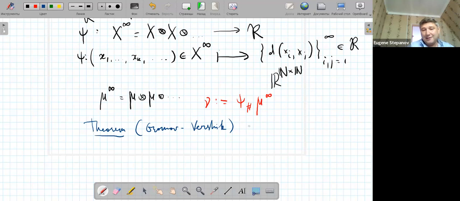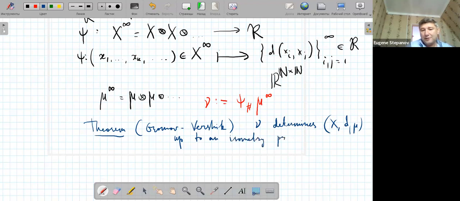So let's say nu determines (X, d, mu), up to an isometry, of course, an isometry preserving the measure mu.